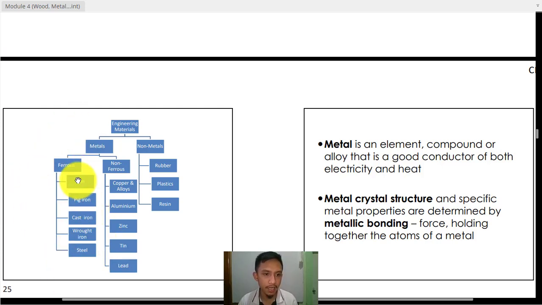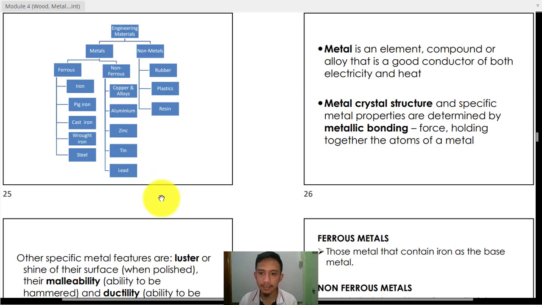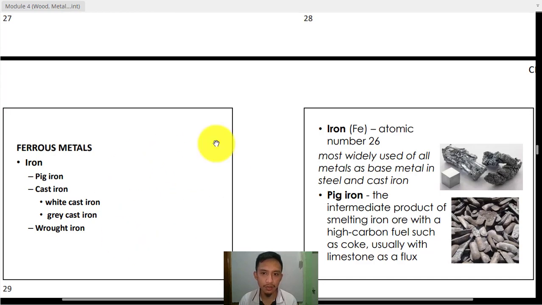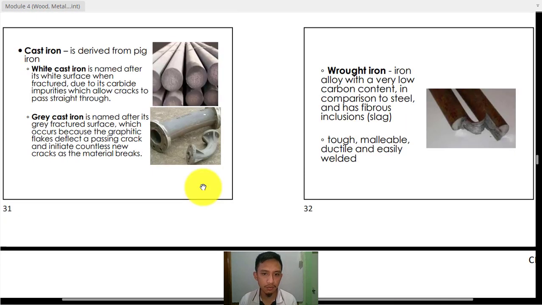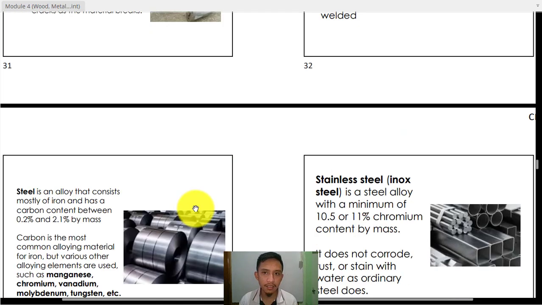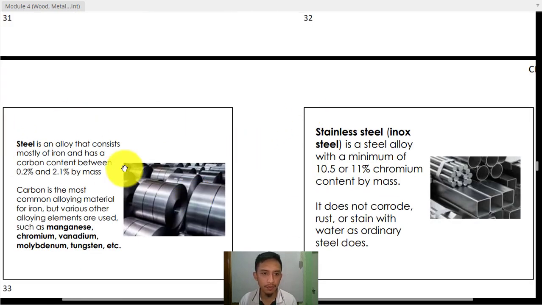The iron will make it stronger compared to other types of non-ferrous metal. But the iron will also make your metal prone to rusting, due to the oxidation process. Of course, you discussed that in your chemistry. And then we have the altered type of steel, which we call stainless, a type of steel which is anti-corrosion or anti-rusting. That will not corrode or rust.